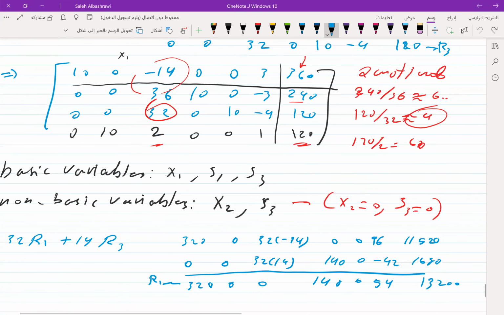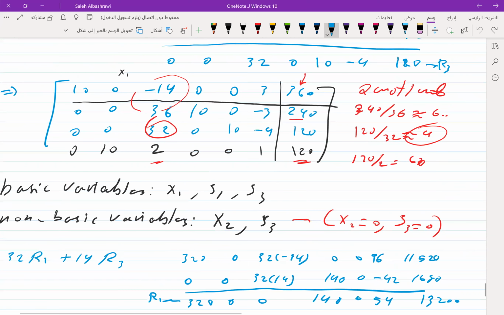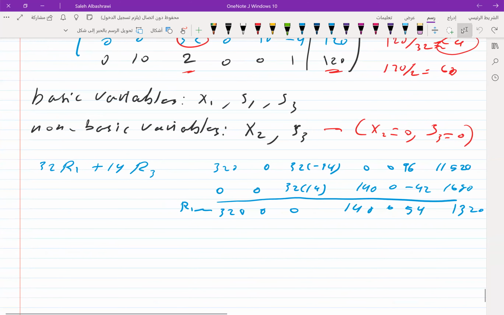Now for the second one, which is 36. The second element will be this 36. So multiply the second row by 32. R2 minus 36 R3.